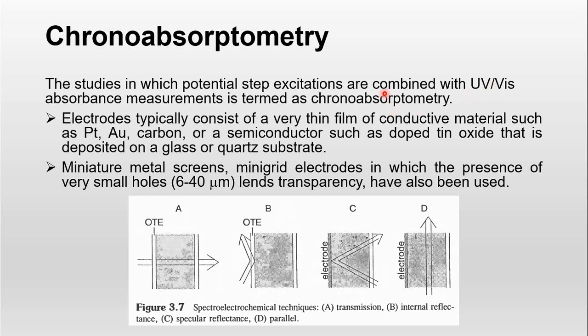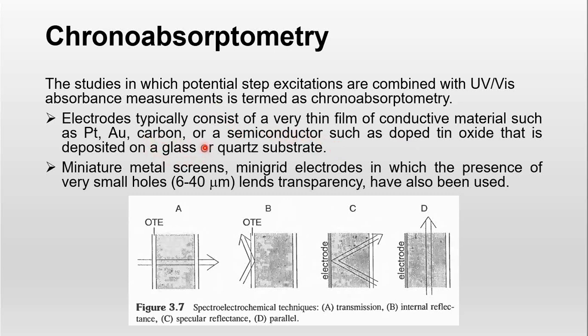The electrodes used over here typically consist of thin films of conductive material such as platinum, gold, carbon, or a semiconductor such as doped tin oxide, that is deposited on a glass or quartz substrate.